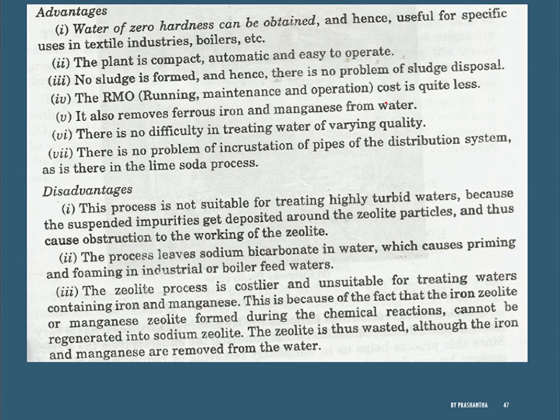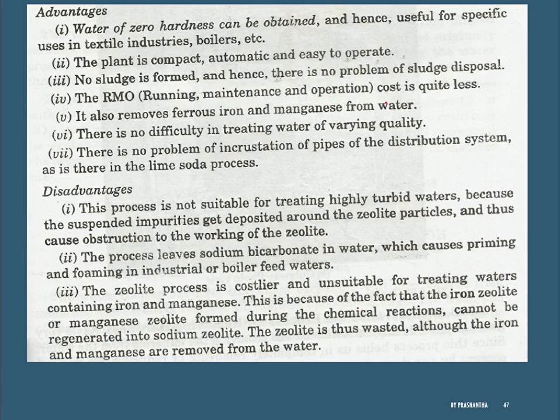So what are the advantages and disadvantages? Water of zero hardness can be obtained. Hence, it is used for specific industries like textiles. The plant can be compact and automatic, and easy to operate. There will be no sludge. We have seen how much sludge is generated in the lime soda process or the excess lime process.